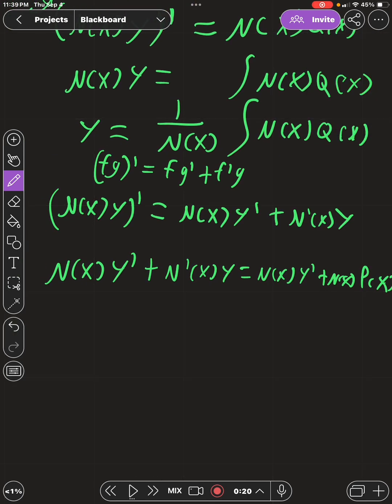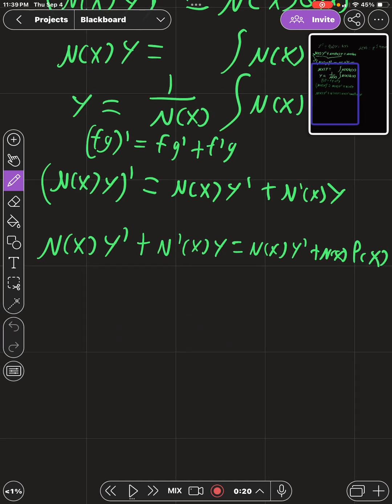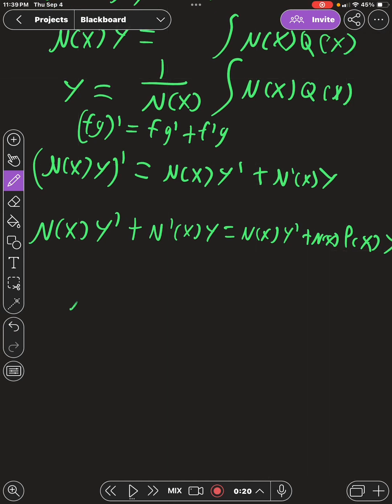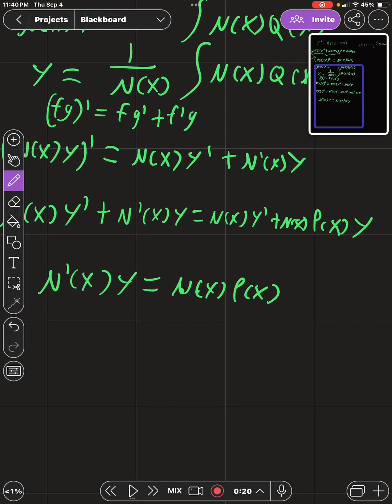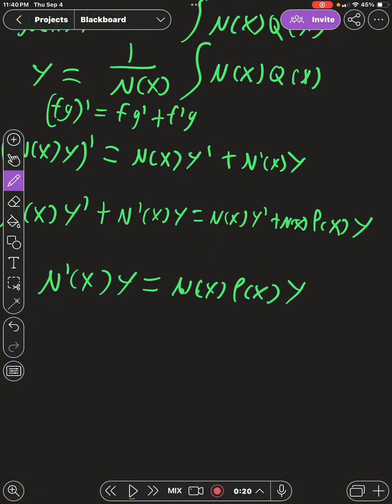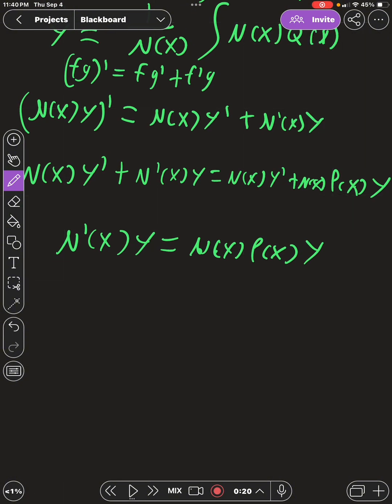So we can notice that the mu of x y prime terms cancel. So really all we have left is mu prime of x y is equal to mu of x p of x y. And then the y's cancel here, so we're really just left with mu prime of x is equal to mu of x p of x. So we're almost done.